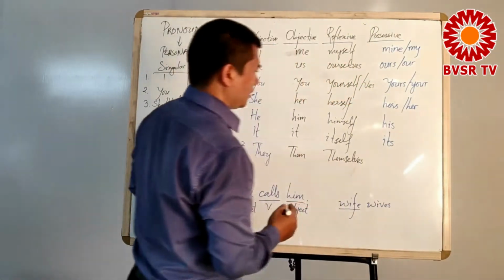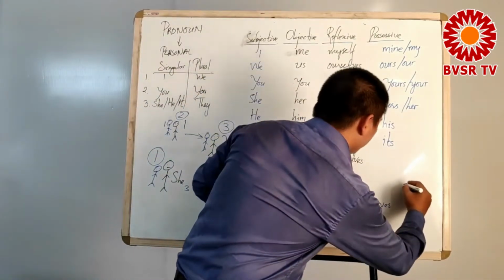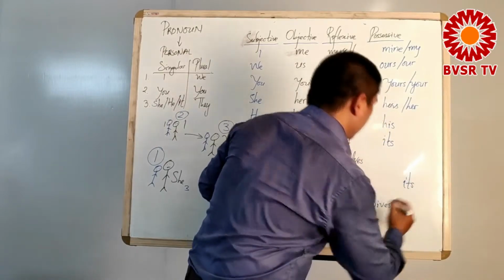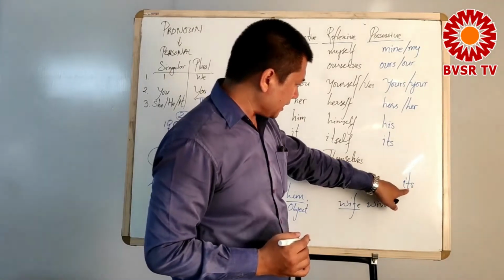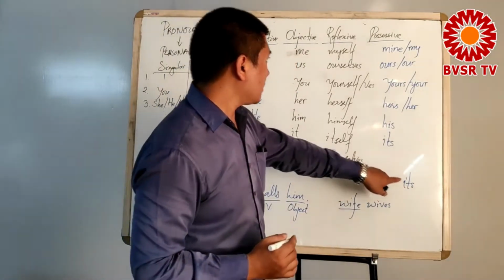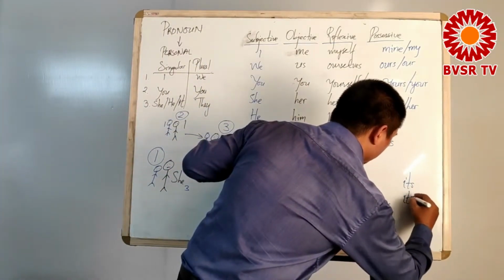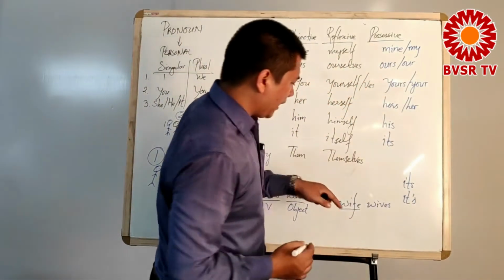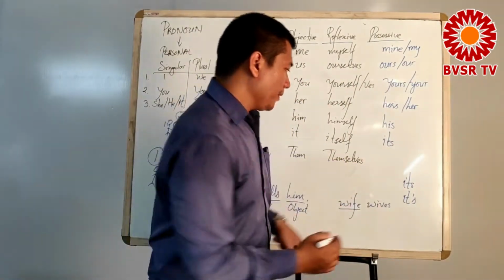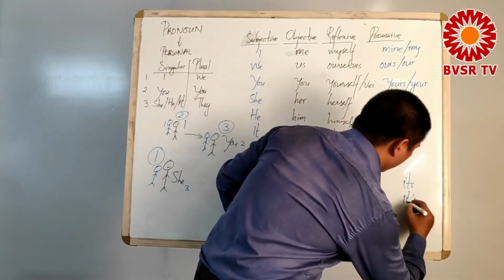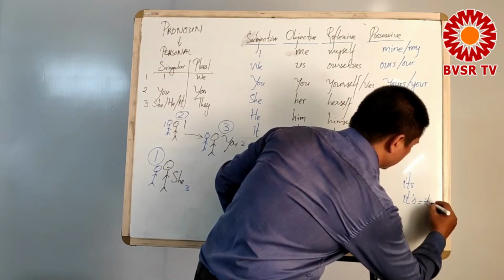It should be I-T-S, its. Guys, one small explanation here: I-T-S, its, is not plural, it is just singular, and it is the possessive of it. Sometimes people make the mistake of writing I-T-apostrophe-S instead. That is a mistake because I-T-apostrophe-S is equivalent to it is.